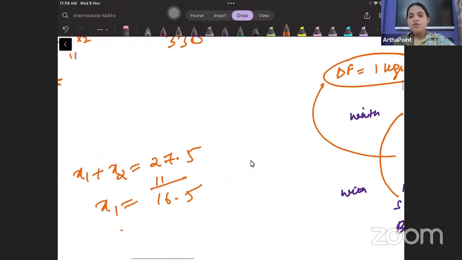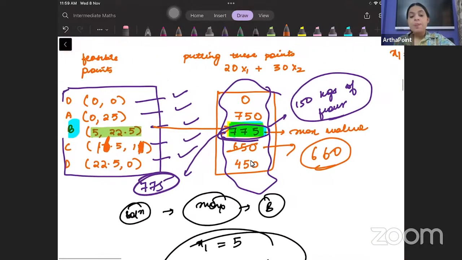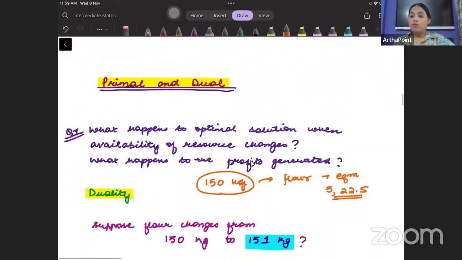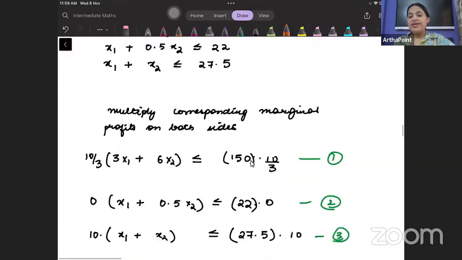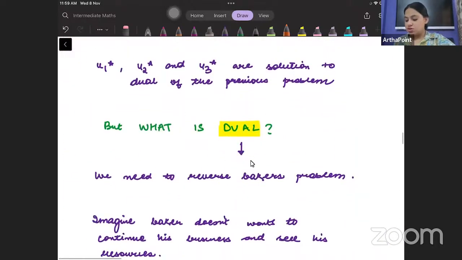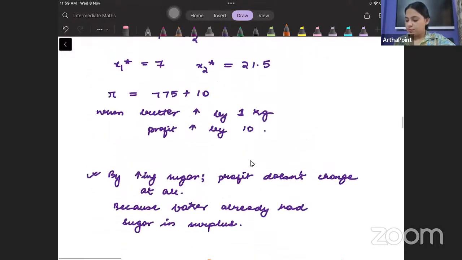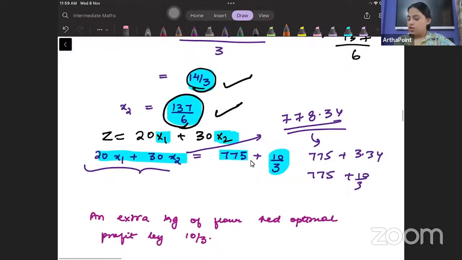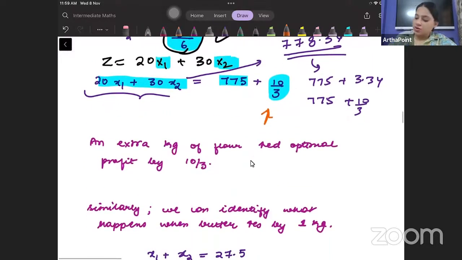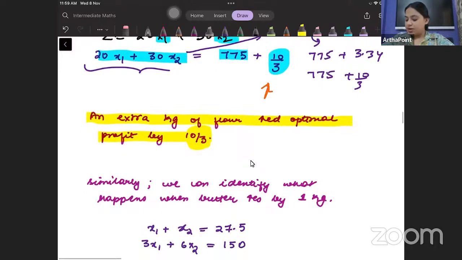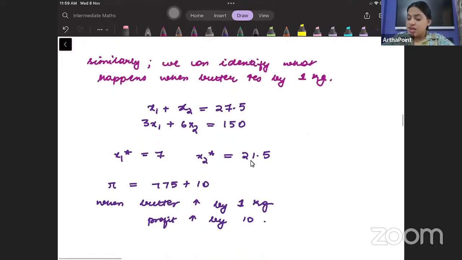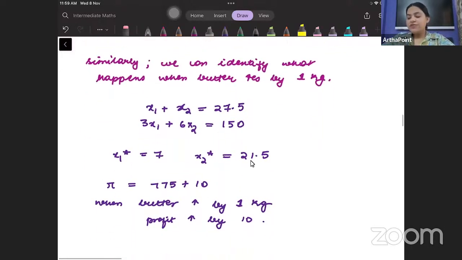So increase of flour by 1 unit increases the profits or the revenue by 10 by 3 units. This is what I have done here. Haan beta. So this is saying that an extra kg of flour increases your optimal profits by 10 by 3 units. Same, you can identify different things.